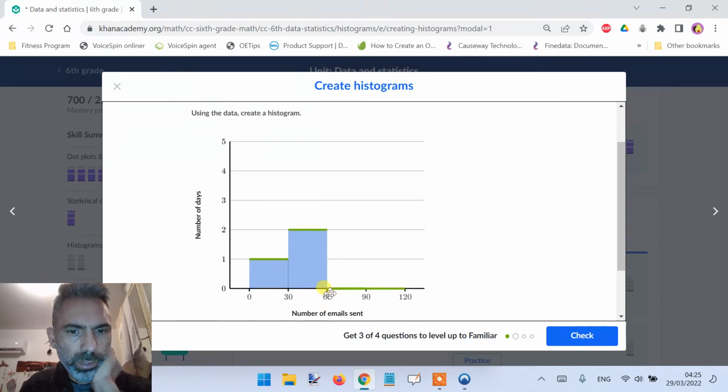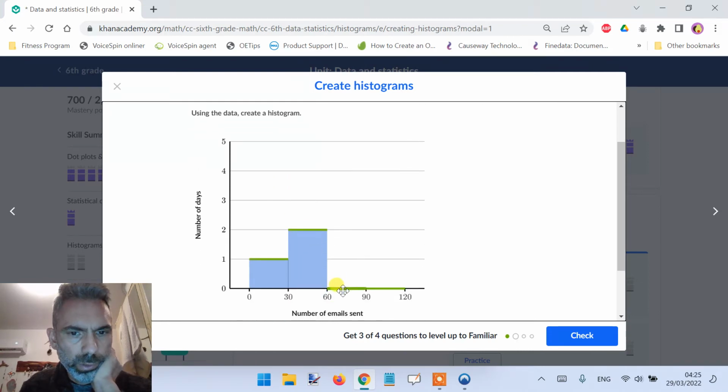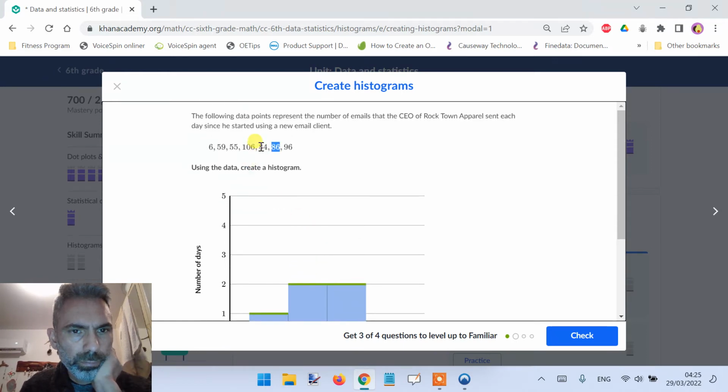The next bar is between 60 and 90. So 84 and 86 is between 60 and 90, so it's 2 days, 84 and 86.